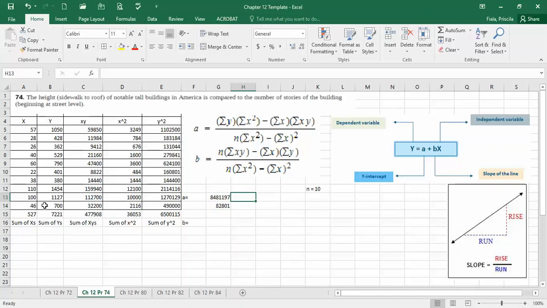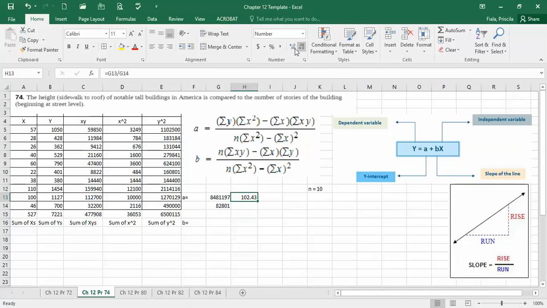Okay, now I'm gonna divide the numerator by the denominator. So equals this value divided by this value, and this would be my y-intercept. Let me put it 43. Okay, now let's do the slope.